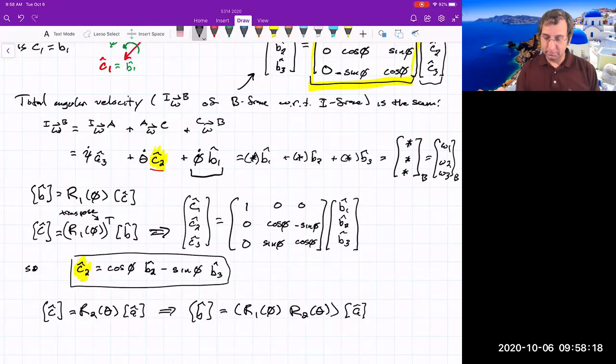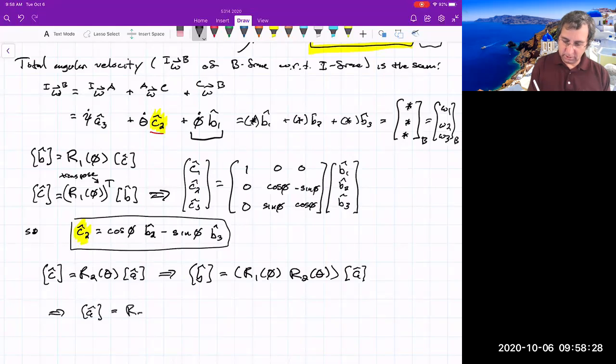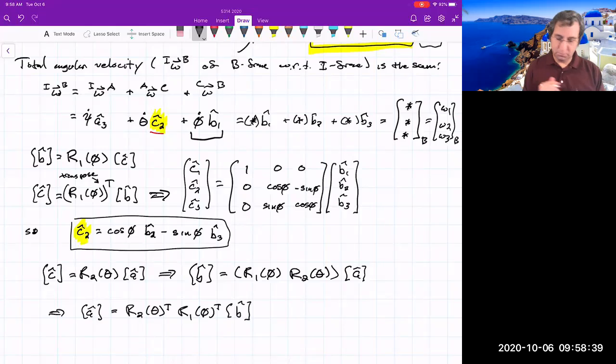I invert this, and I'll get A equals R2 theta transpose times R1 phi transpose times the B directions.